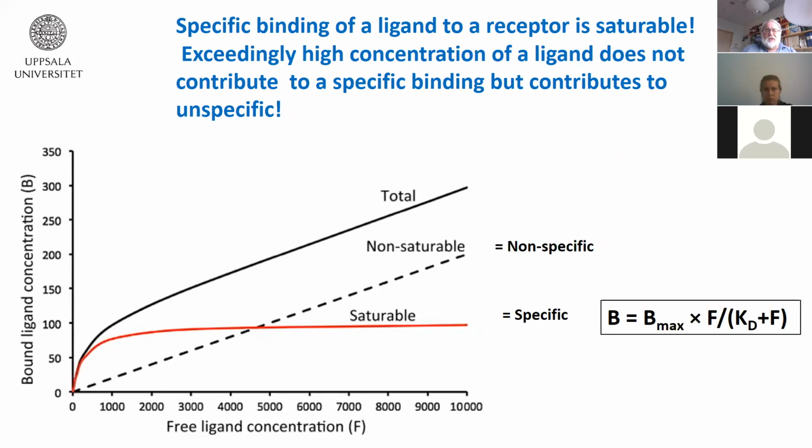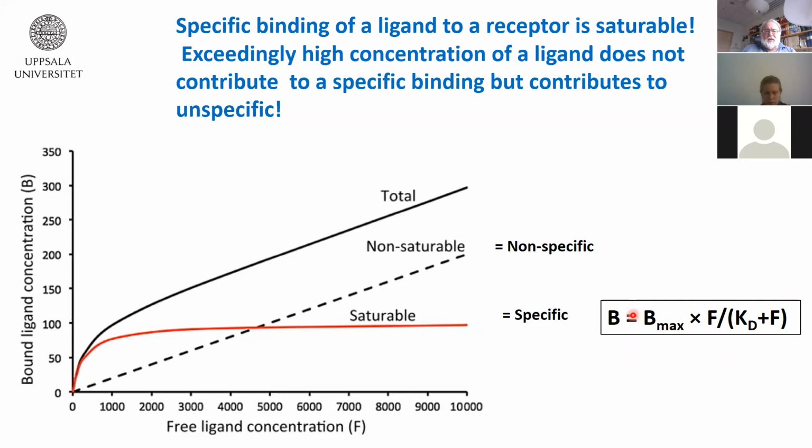And the situation here is described by the equation of binding of a ligand to a receptor. And we could apply, of course, the same mathematics to any kind of specific binding.